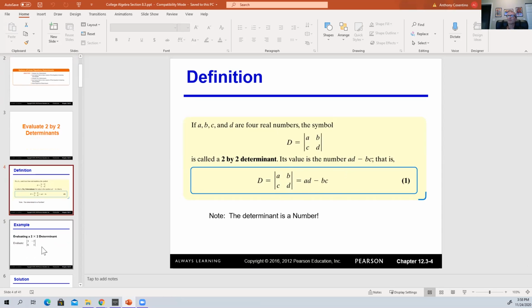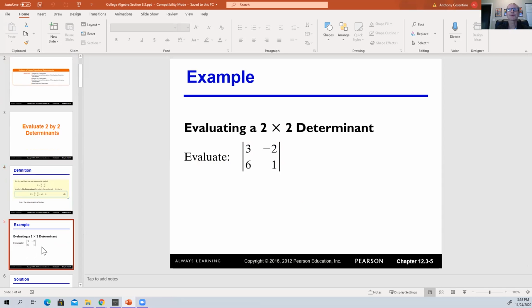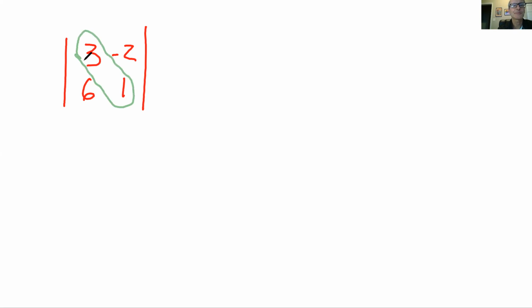Let's do a couple examples. Let's do this one right up here on the whiteboard. If you have a 2x2 matrix, 3, 6, minus 2, and 1. When you put these straight lines, that implies you're doing a determinant. The strategy is you take the main diagonal, that's what it's called in the matrix.